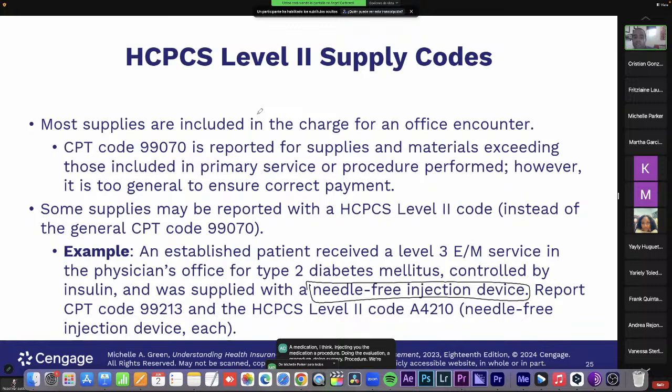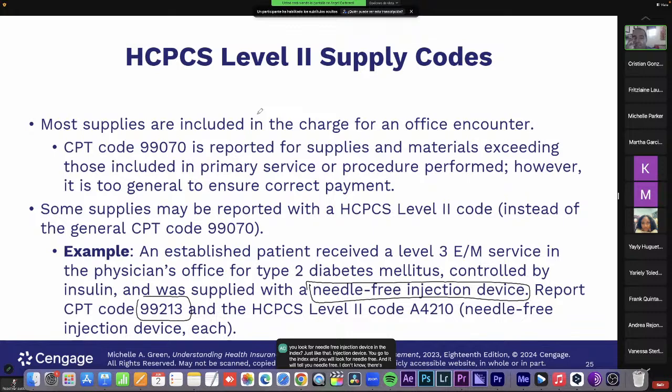So, established patient receive a level 3 E and M service in the physician's office. It is a 99213. And the needle-free injection device. So, how would you look for needle-free injection device in the index? Just like that, needle-free injection device. You will go to the index and you will look for needle-free, and it will tell you needle-free.